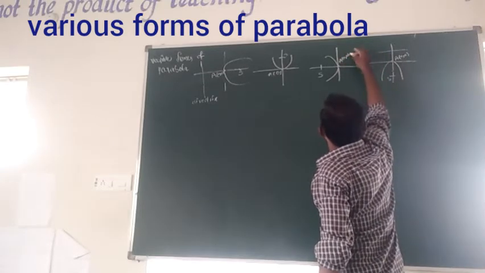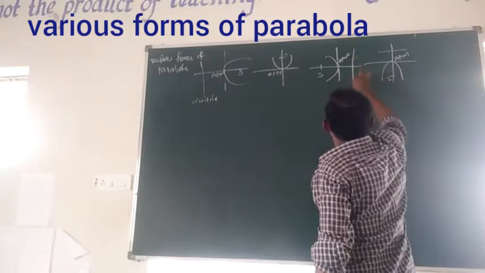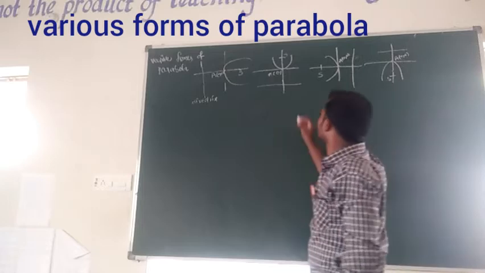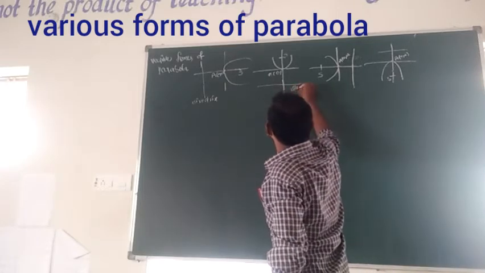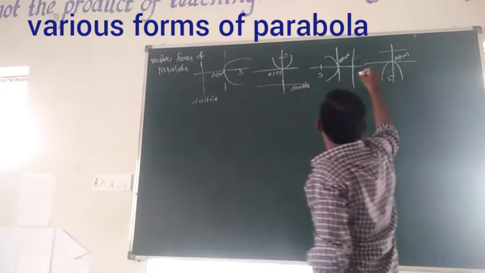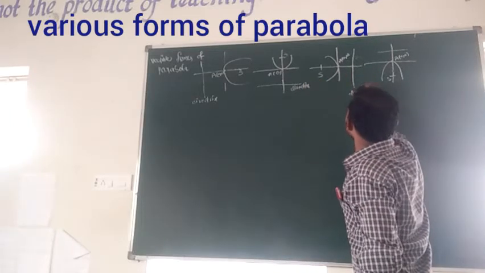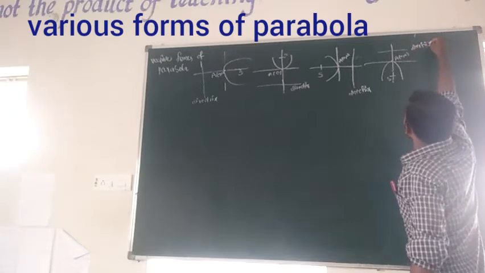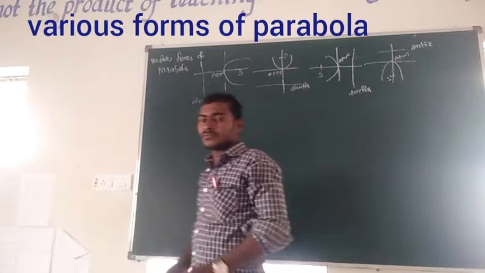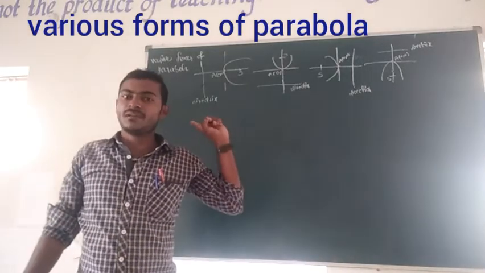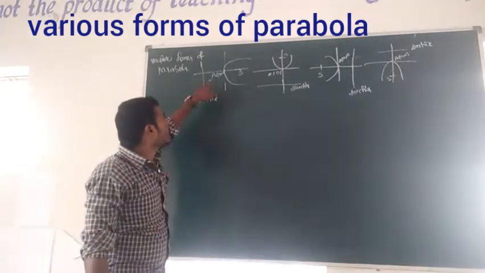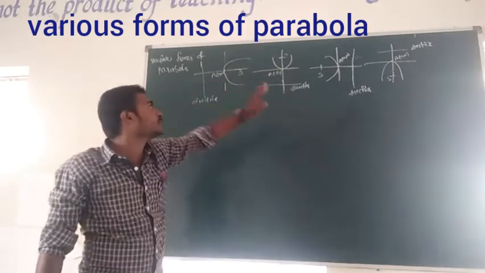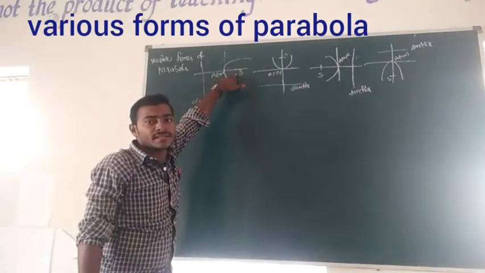This line is the directrix, and here also the line is called the directrix. Now first we take the various forms of parabola, and after that we take the vertex. In all four forms the vertex is the same, 0 comma 0, and the focus always lies inside the curve.